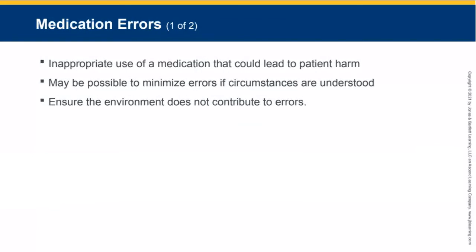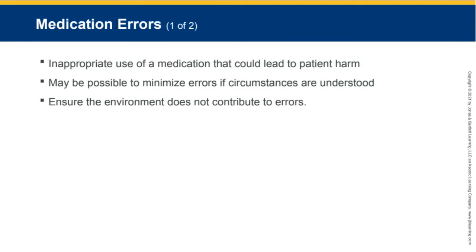A medication error is the inappropriate use of a medication, and this could lead to harming the patient. I'm telling you, this is one of the most unfortunate things that could happen. Ensure that the environment does not contribute to errors. Make sure that there is sufficient lighting so you're seeing what is on the label.